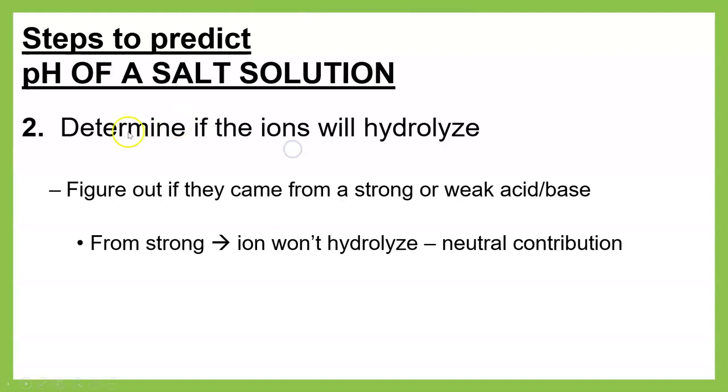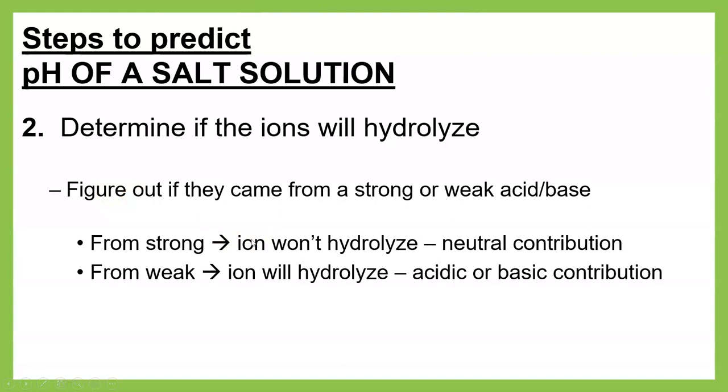But if your ion came from something weak, then that means it will want to stay bonded, right? And so it will hydrolyze in an attempt to be on that side of equilibrium. And depending on what it is, that could either result in it being acidic or basic.